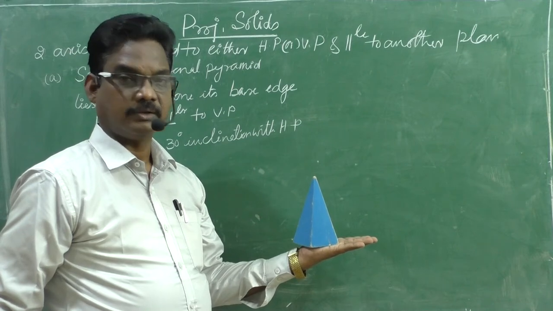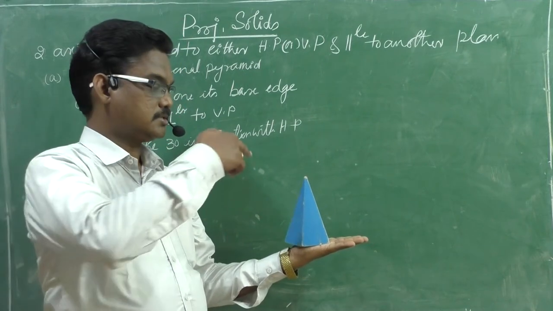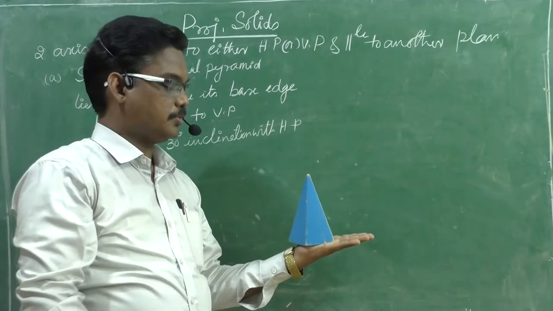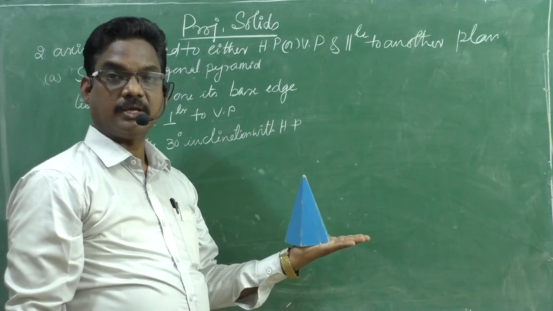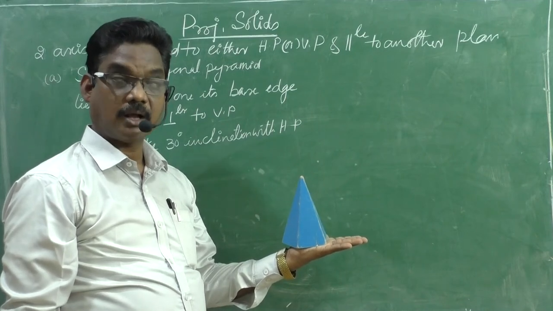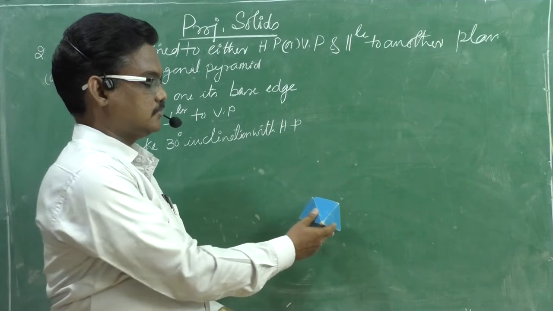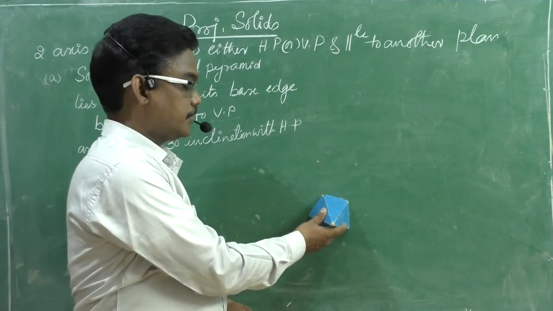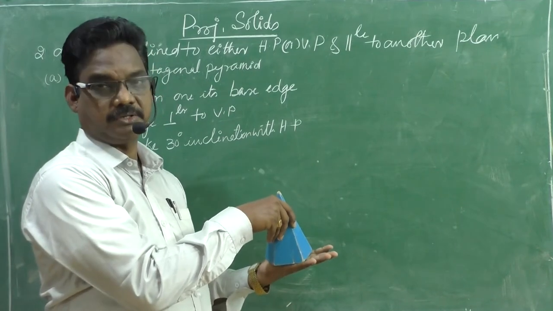When the axis is perpendicular to HP, in the top view we can see the true dimensions of the base. And we can draw that top view first. Therefore, this position is called simple position.